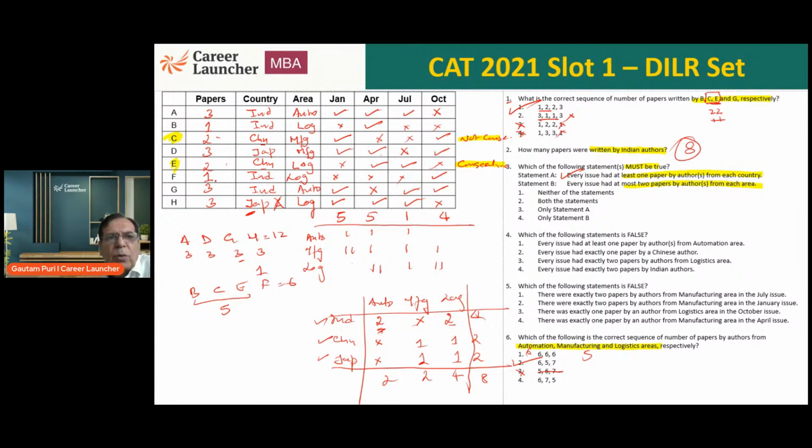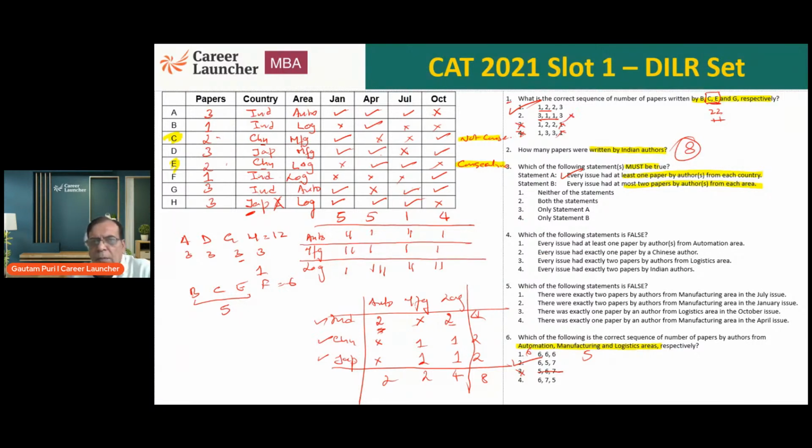Then we have G, automation, nothing in April, but yes, there's 1 in January, then in July, then in October. And H, which is logistics, January, April, July, nothing October. So we have done this also for each of the.